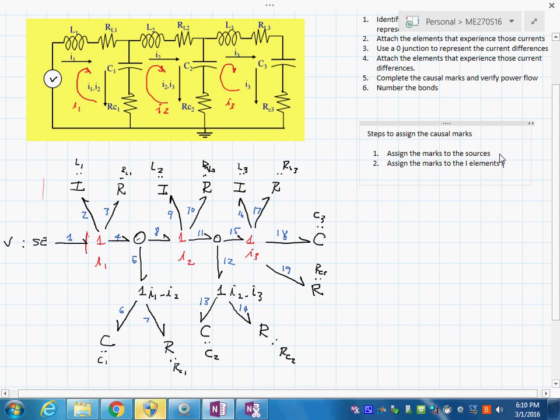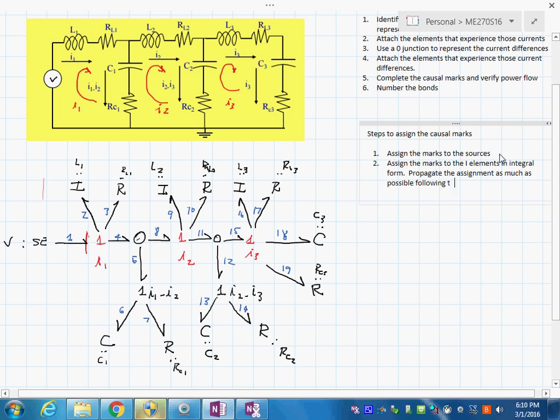So what do I mean by this? You put the causal mark on this right here. You see that assigns integral form and sets the flow to this one.